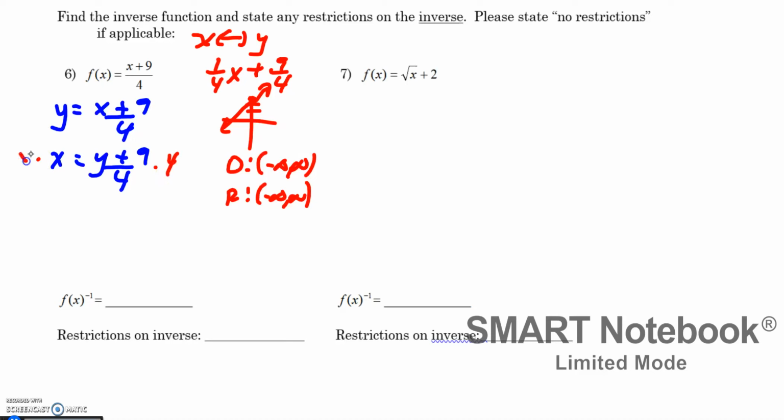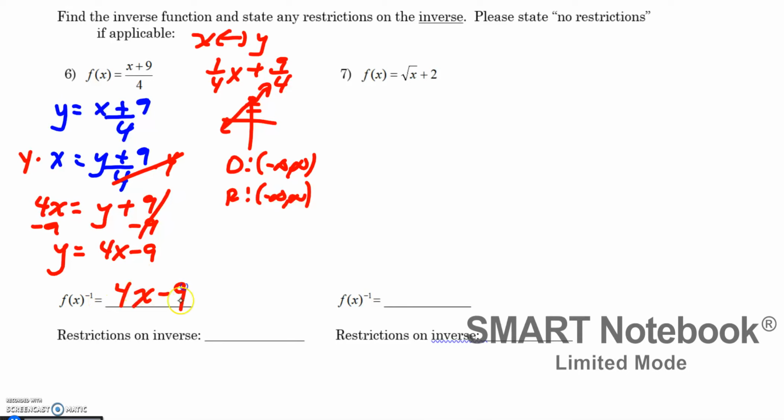If I do that, I would multiply both sides by 4, get 4x equals y plus 9, subtract the 9, and I would get that y equals 4x minus 9. So my inverse function is 4x minus 9, which is also a line that has a y-intercept down here at negative 9, going up 4 over 1, so it is also increasing.